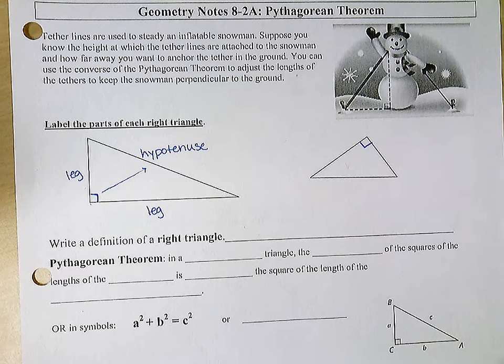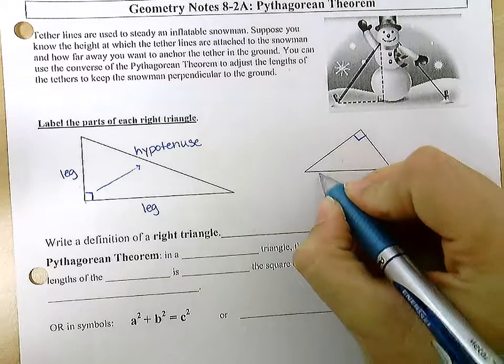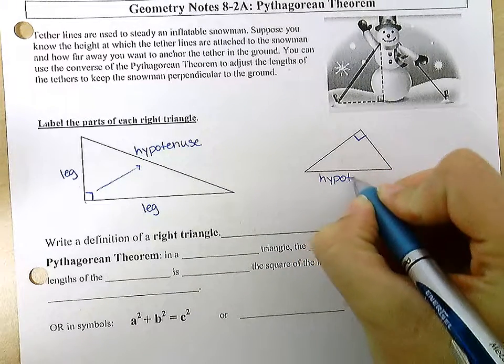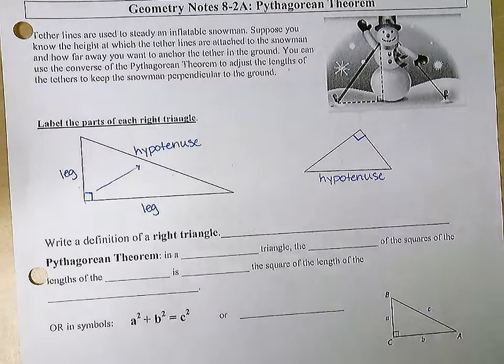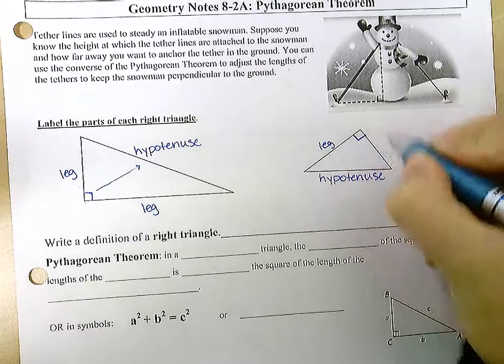So you do need to know how to identify the hypotenuse of a right triangle in order to use the Pythagorean theorem. Your hypotenuse should have been over here. Then the other two sides should be labeled as legs.